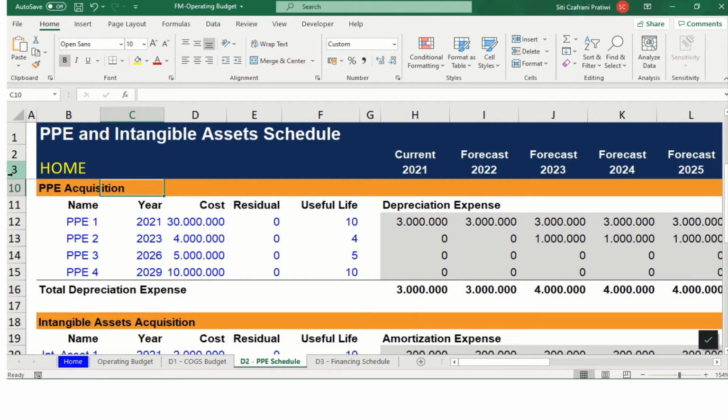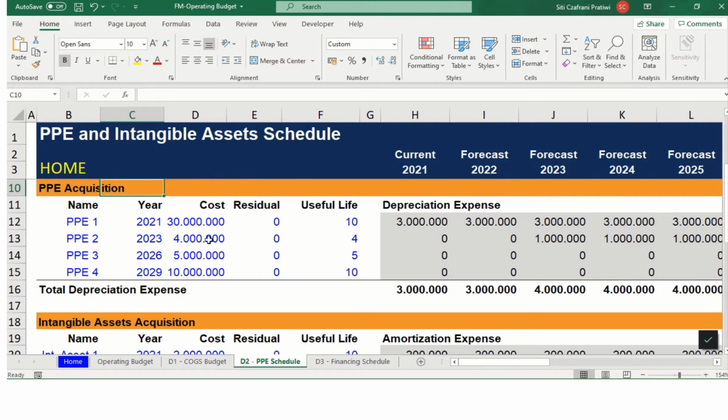After that, we have the PPE acquisition section. The PPE acquisition section defines in which year you purchase the PPE, how much it costs, what its residual value is, what its useful life is, and also the depreciation expense in each forecasted year.